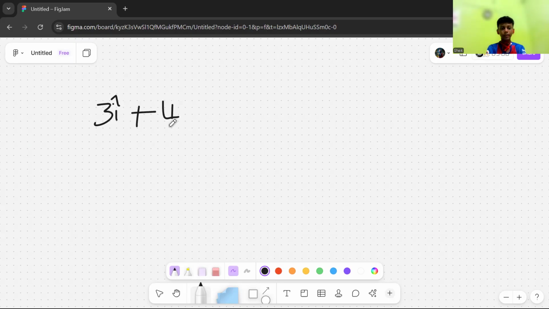Since there is no k value, we don't have to write it. Find vector A.